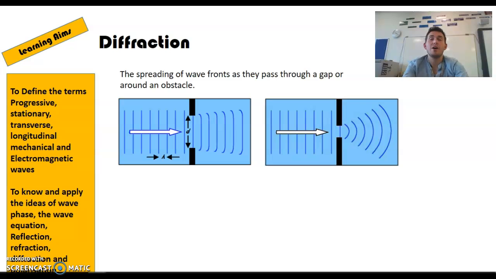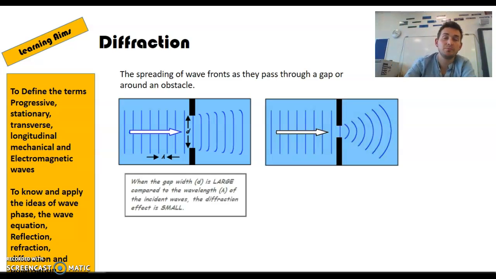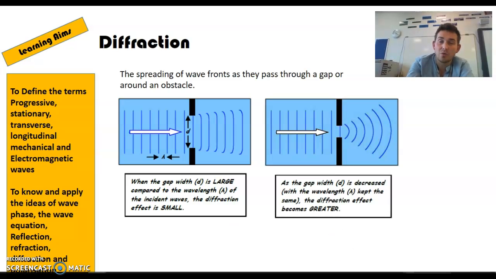Diffraction, this is where wave fronts spread out as they pass through a gap or go around an obstacle. When the gap width d is very large compared to the wavelength lambda, the effect is very small, so the diffraction is not so great. As the gap width d is decreased, imagine it's sort of throttling a creature.